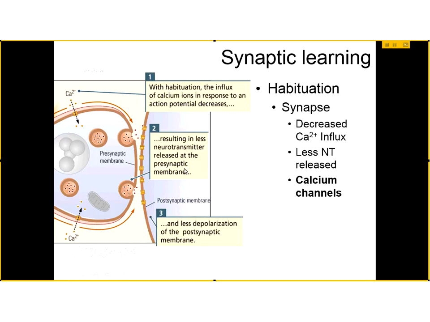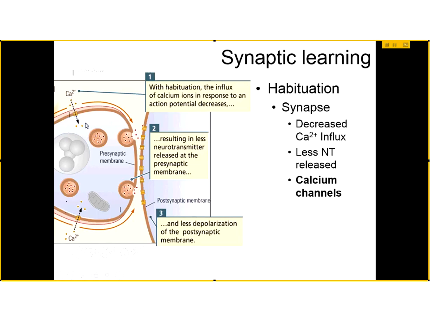And one of the things that we see in an animal that's had this kind of habituation experience, where we've squirted the siphon multiple times with water, we see that there's a decrease in the calcium influx that's occurring when an action potential travels down this sensory neuron.